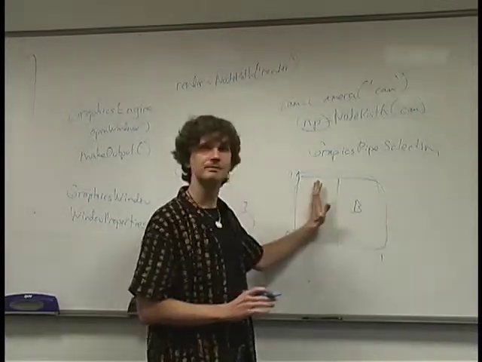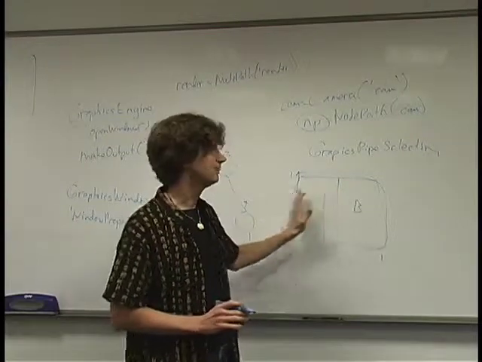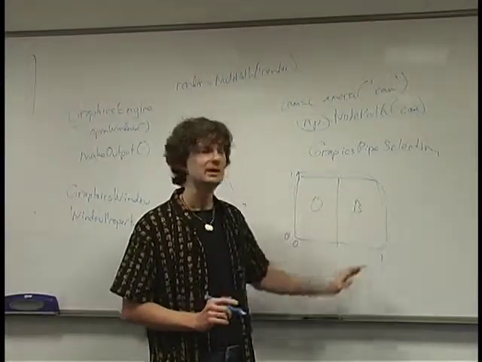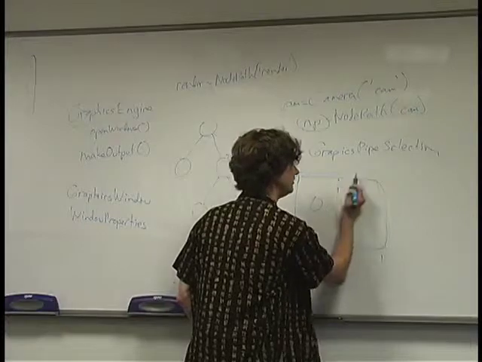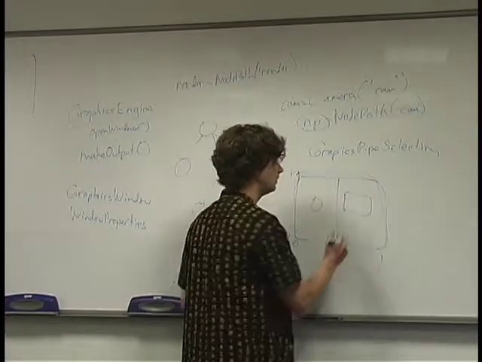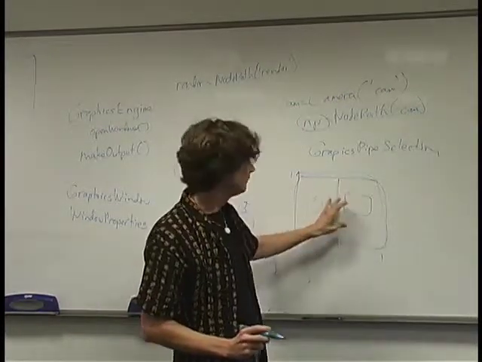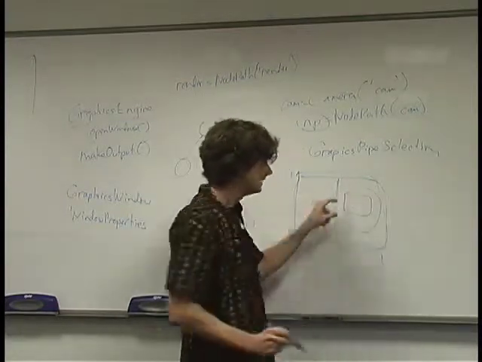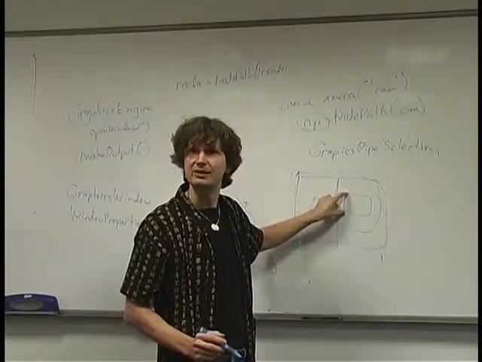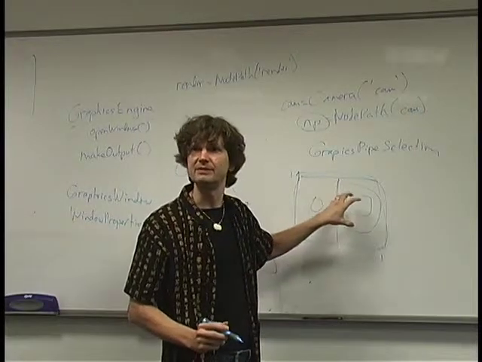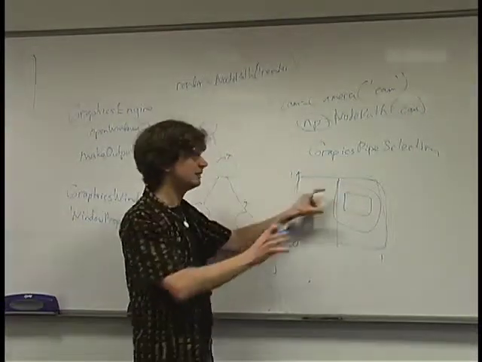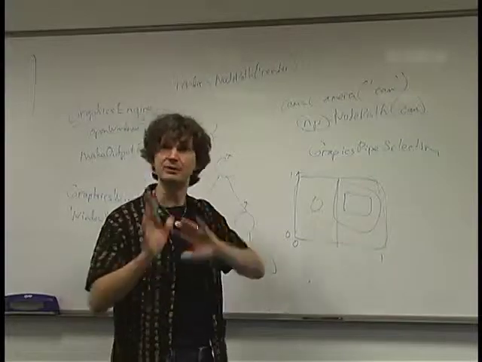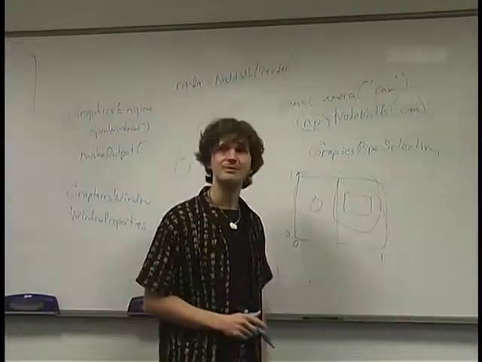We have render, a 3D scene. We have render 2D, which is 2D elements on top of that. We wanted to create a new display region within one of the panels that would have 3D stuff within it. So we wanted to draw a little panel in render 2D and create a little rectangular region within that panel to have a 3D scene within it. That meant we would create a new display region right here, create a separate scene graph, and put 3D stuff in it, all well and good, right?